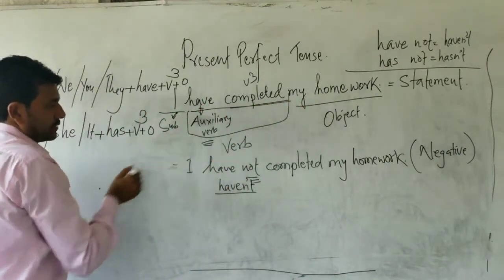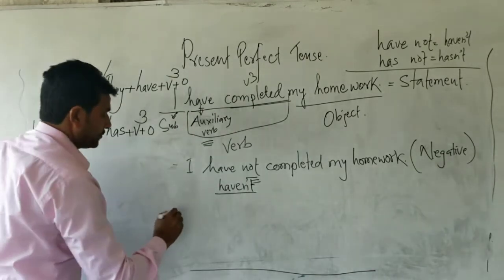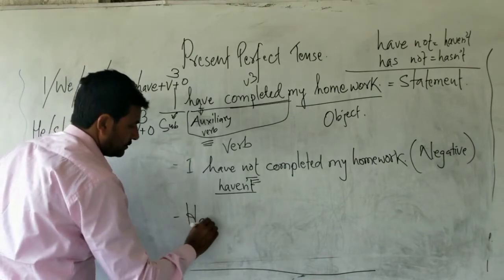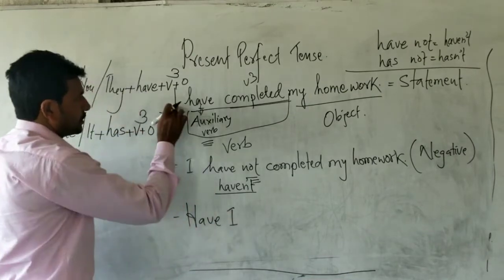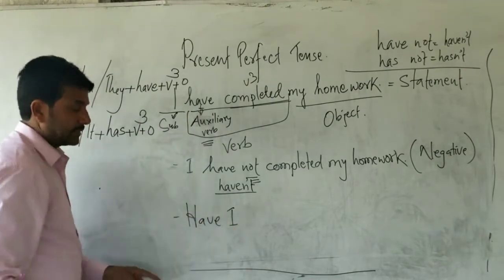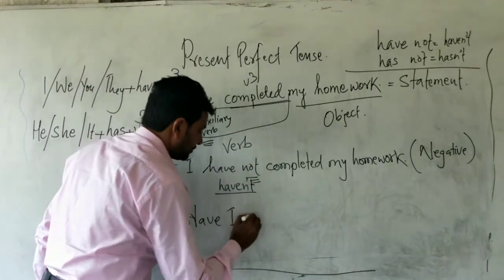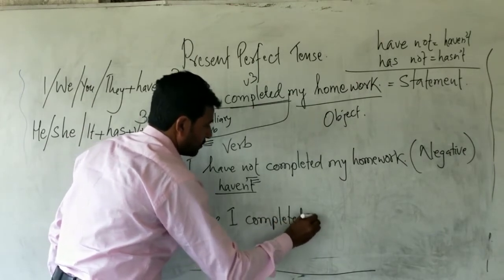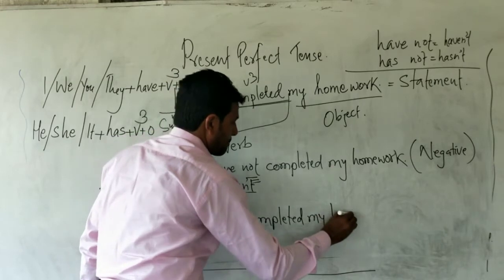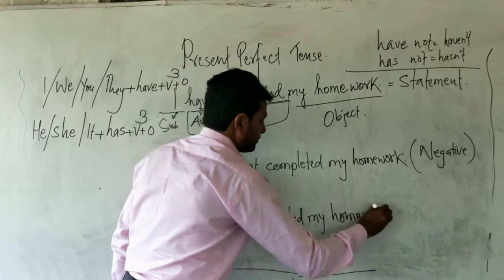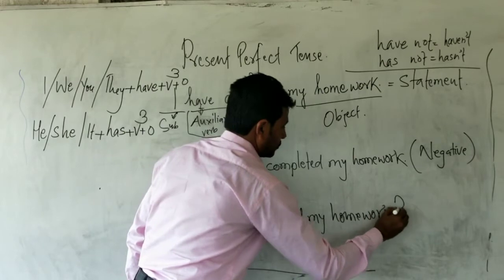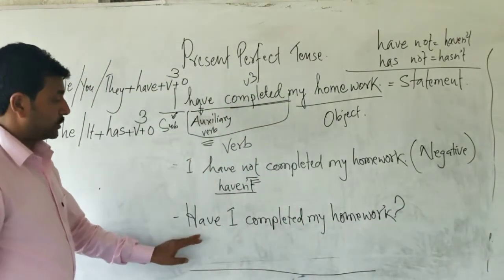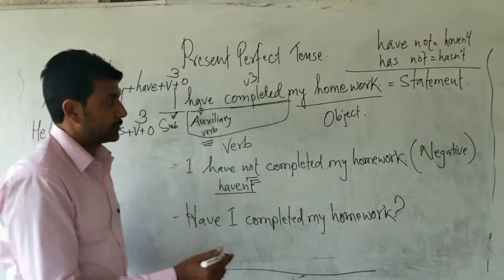Just bring this in the beginning. It will become a yes/no question. So this is have I. The subject will go at the second place. Have I completed my homework? Question mark. Right. So have I completed my homework is a yes/no question.